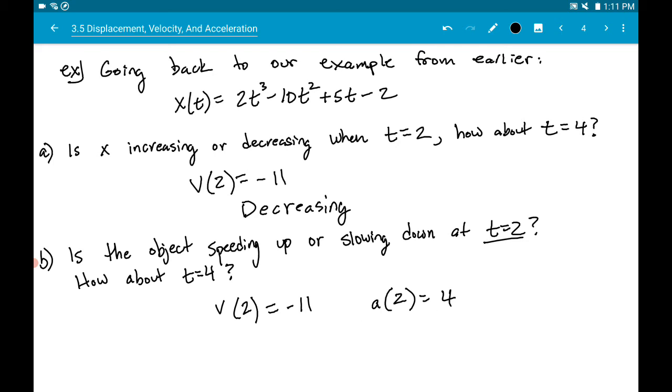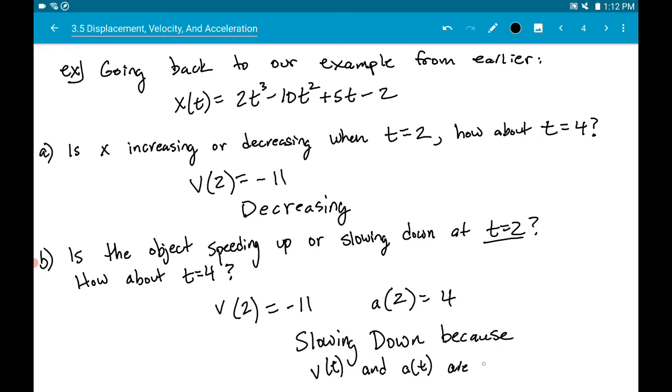So I can think of these as they're working against each other. And we can say that in this made-up example, the object is slowing down because velocity and acceleration are opposite signs. I'll give you some additional examples in class when we see each other soon.